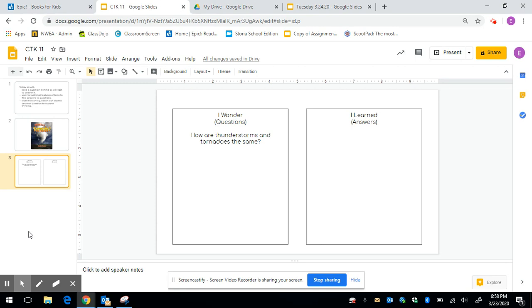So I want to talk to you about our chart here for just a moment. On the left-hand column, I have I wonder, and we're going to put our questions there. And then in the right-hand column, it's I learned, and this is for information that answers our questions.